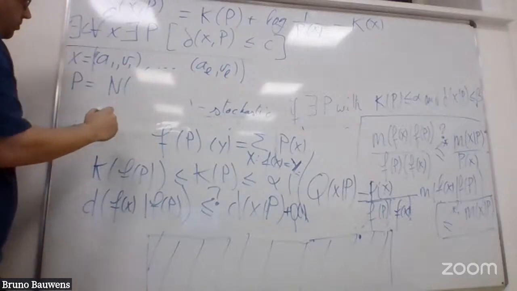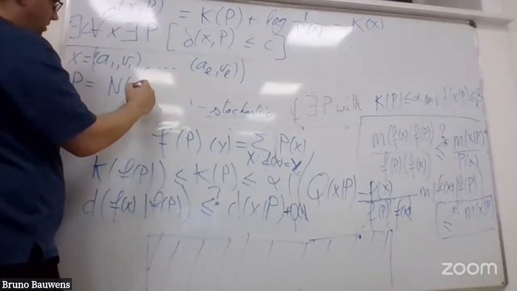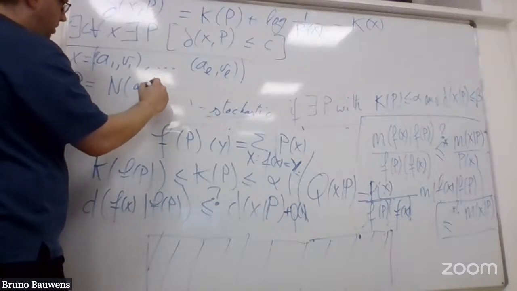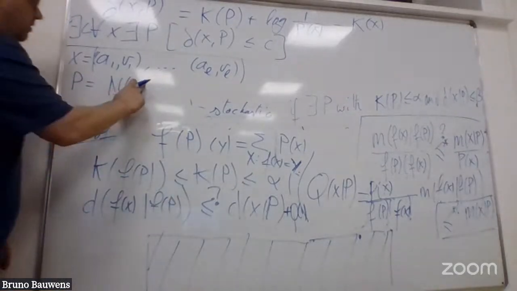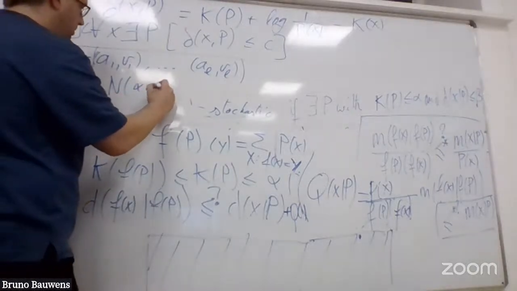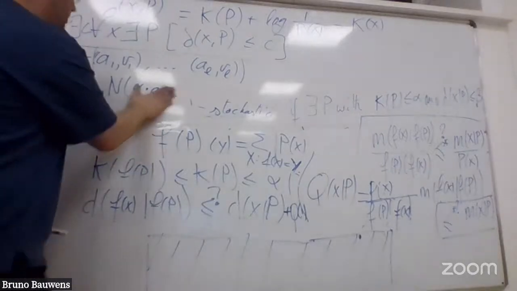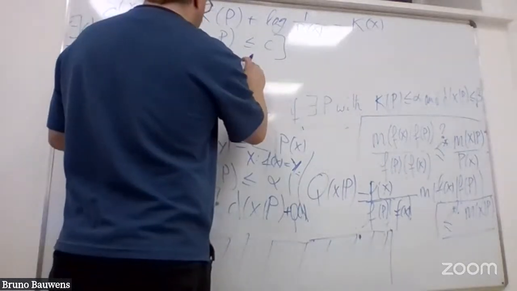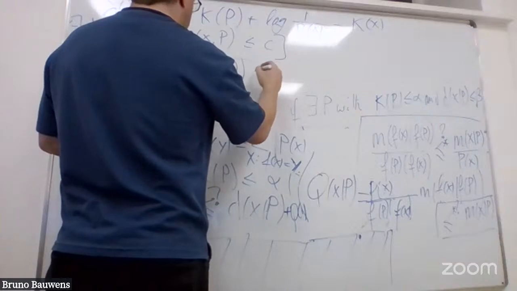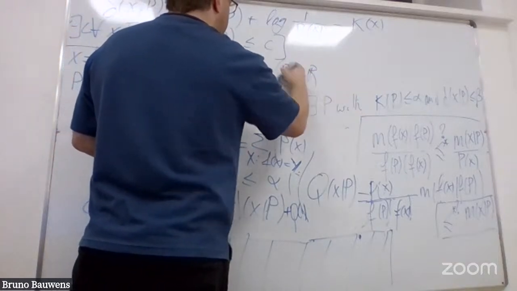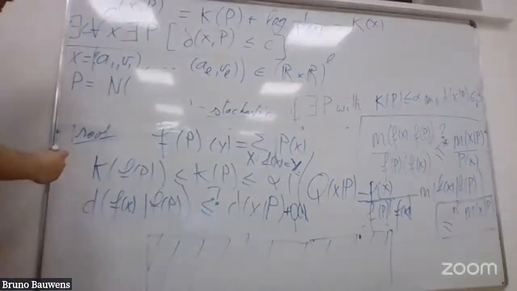And so P will be normally distributed with average, so there are some coefficients, alpha 1, let's say, or just think that inside R times R to the power n.